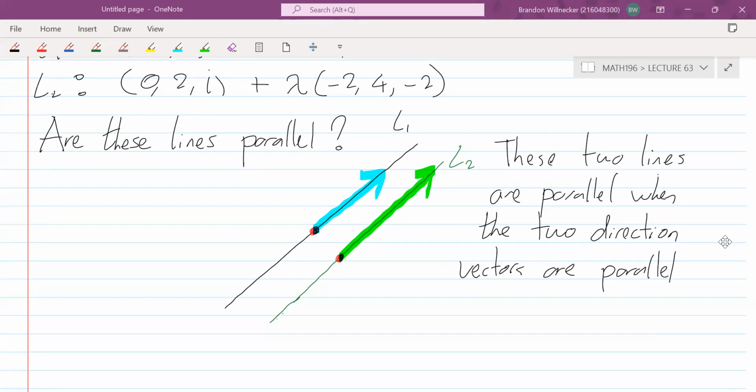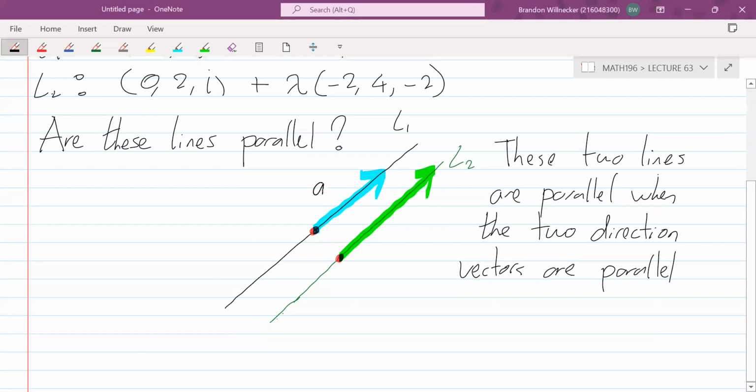If we're not worried about the lengths of the vectors, then we just know that one is some multiple of the other. That means they're in the same direction. In this case, the blue one is some multiple of the green one, or the green one is some multiple of the blue one. It goes either way.